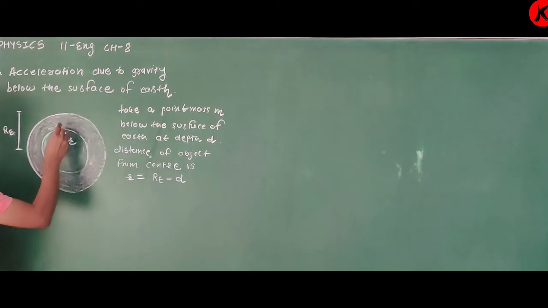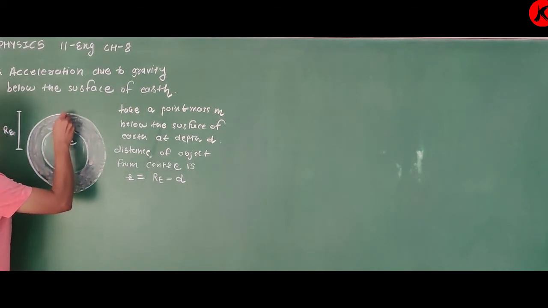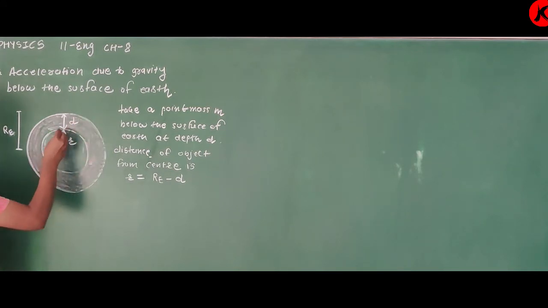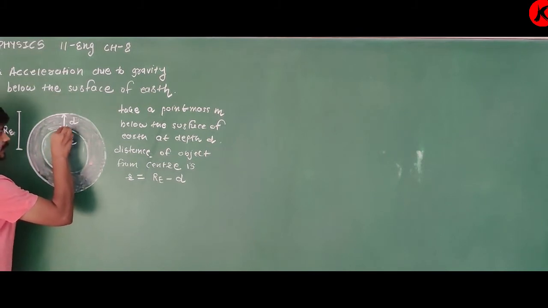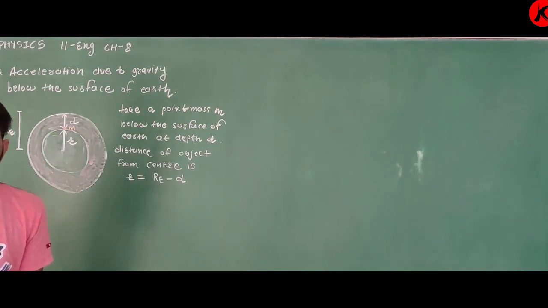See here, it is a shell of thickness d. We can assume that Earth is made up of two parts: first, a sphere of radius r, and a shell of thickness d. And this point, this mass point, is here, having its mass. Clear about this? Okay. So now what happens?